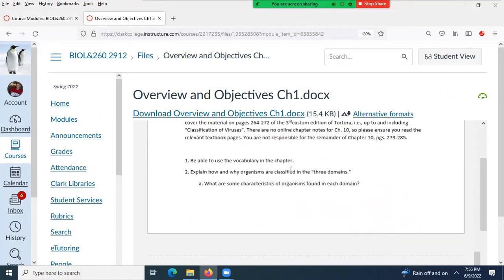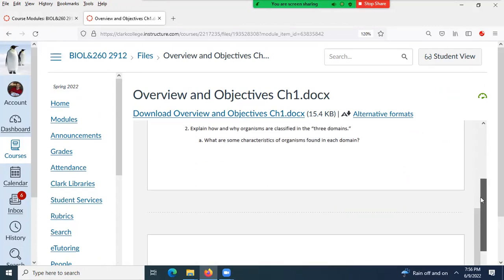The vocabulary of the chapter, know why organisms are classified into 3 domains: the tree of life, the archaeobacteria, the bacteria, and the eukaryotes.